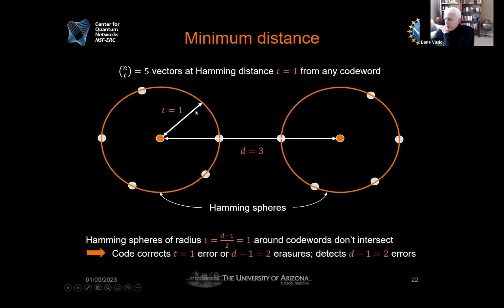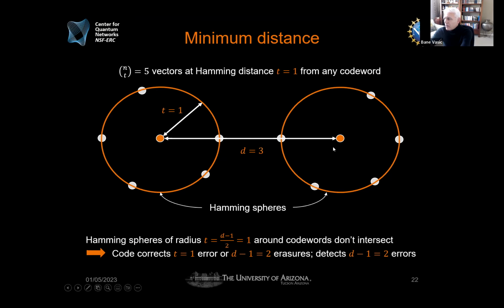Geometrically speaking, this representation can give me intuition about how many errors I can correct. For example, if I have a code word here and I put a sphere around it, this sphere is the set of all points that are at Hamming distance at most 1.